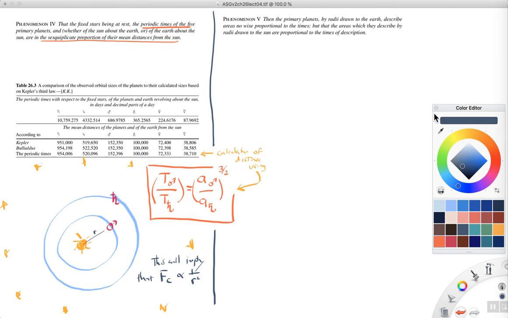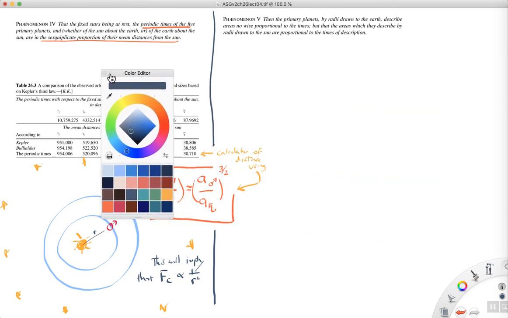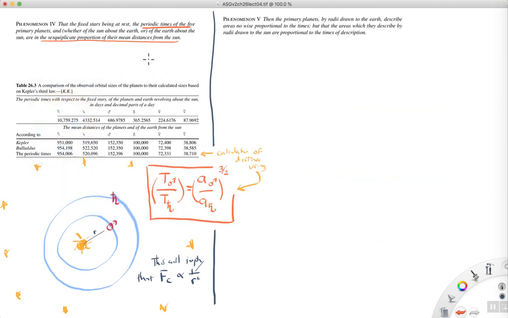Okay, I'll read it first. What he says is that the primary planets, by radii drawn to the Earth, describe areas in no wise proportional to the times, but that the areas which they describe by radii drawn to the sun are proportional to the times of description.